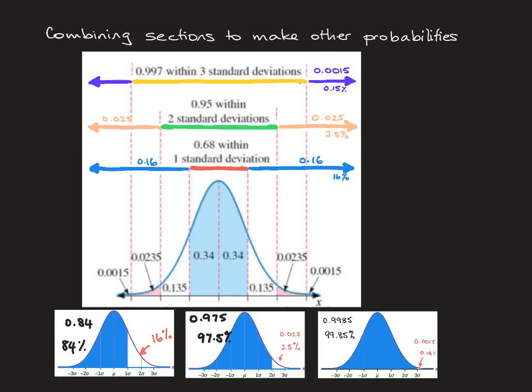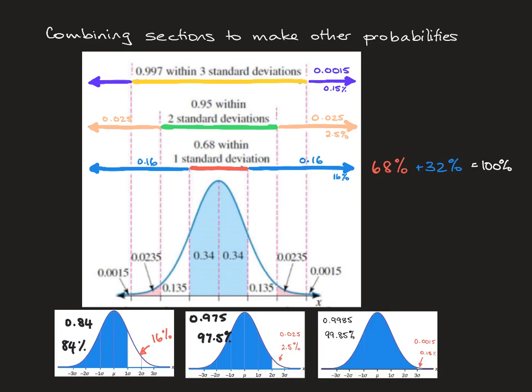So let's expand a bit on our 68, 95, 99.7% rule. If 68% of all of the x values are contained between these two values here, then the other 32%, so 68% plus 32% gives us 100%.